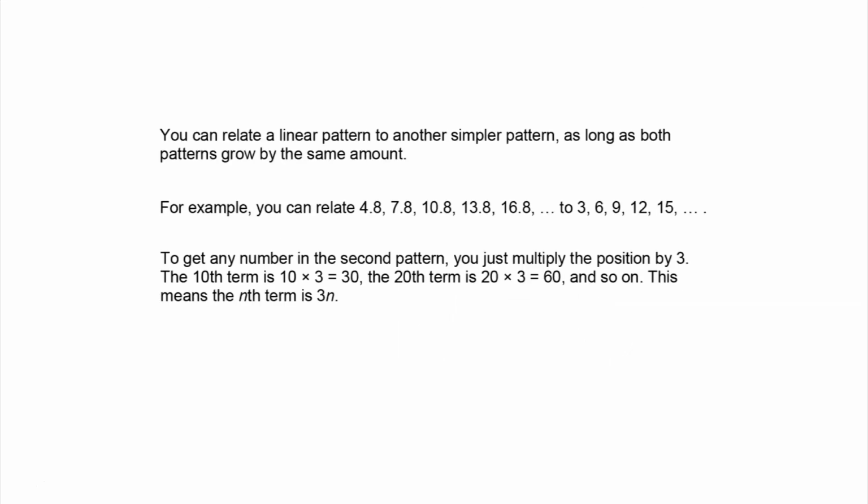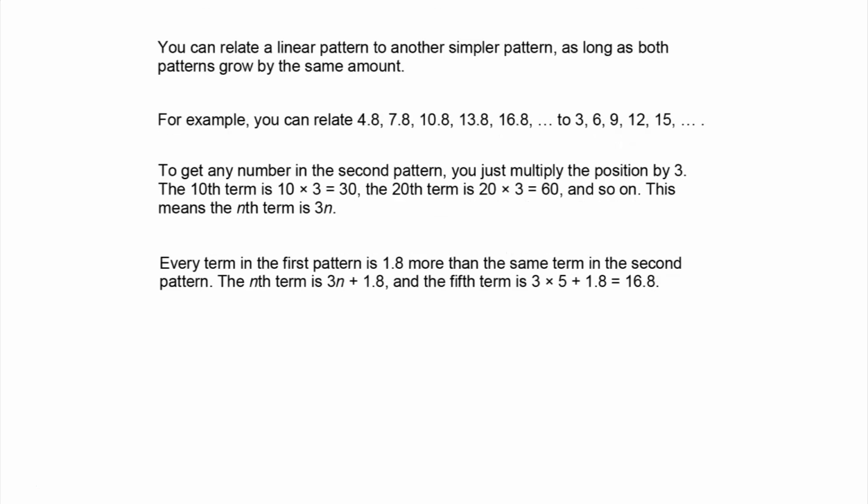To get to any number in the second pattern, you just multiply the position by 3. The 10th term is 10 times 3, which is equal to 30, and the 20th term is 20 times 3, which is equal to 60, and so on. This means the nth term is 3 times n. Every term in the first pattern is 1.8 more than the same term in the second pattern. So the nth term is 3n plus 1.8, and the 5th term is 3 times 5 plus 1.8, or 16.8.